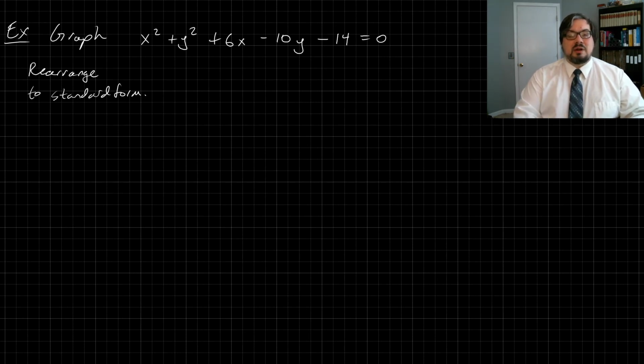We have an x² and a y² by themselves, then x and y terms and a constant term. This is the sort of equation that we can rearrange into standard form.